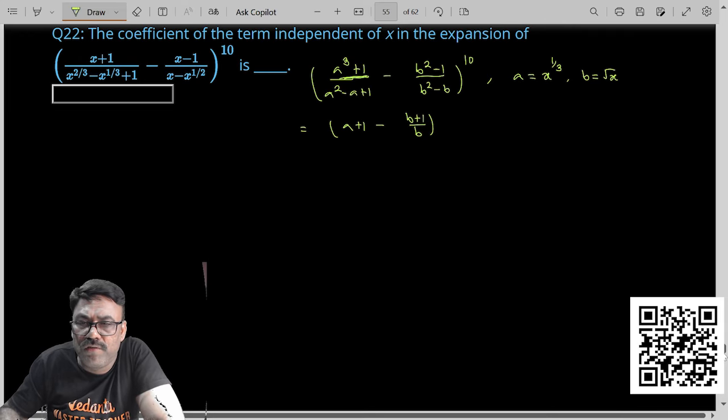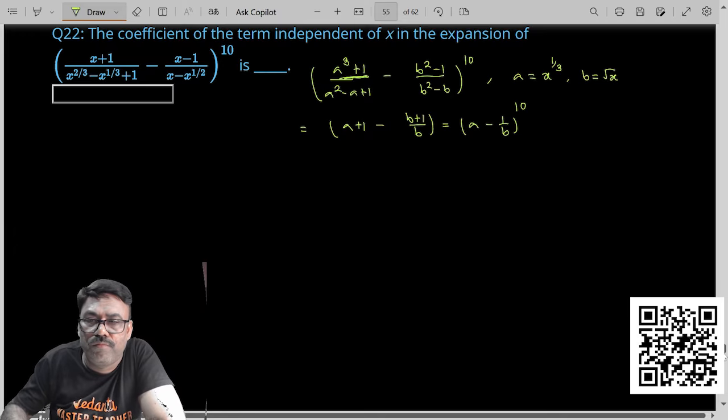So basically, what you are getting is a minus 1 by b, whole raised to 10. a is x raised to 1 by 3. b is root x. So 1 by root x means x raised to minus half, whole raised to 10. Now you need the term independent of x. So let's write the general term T r plus 1.